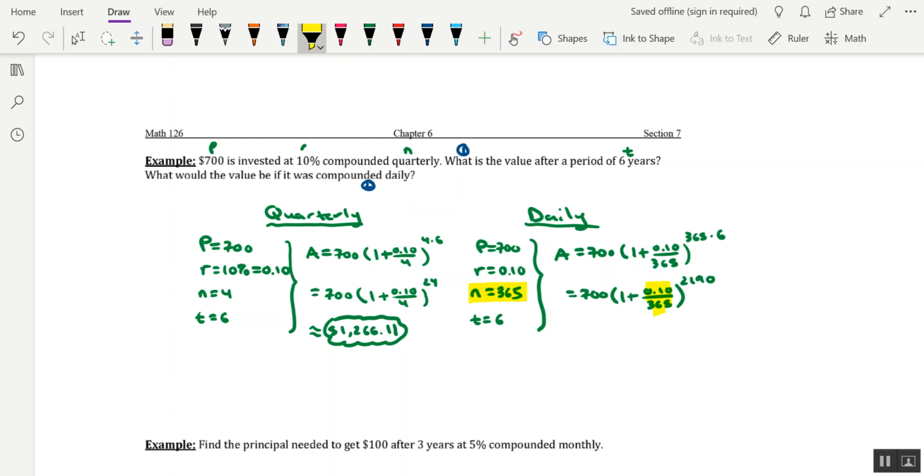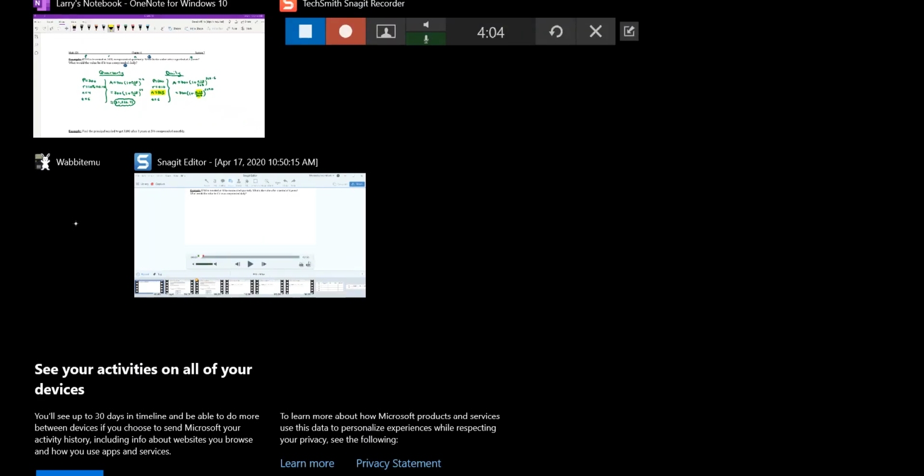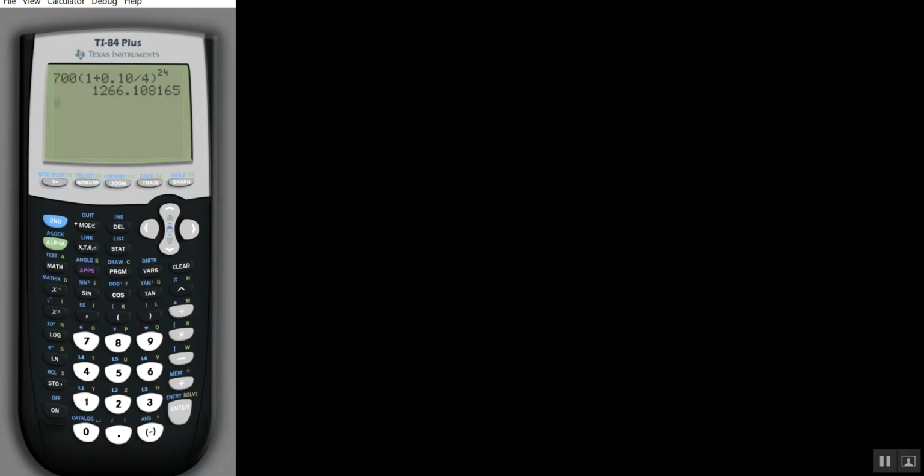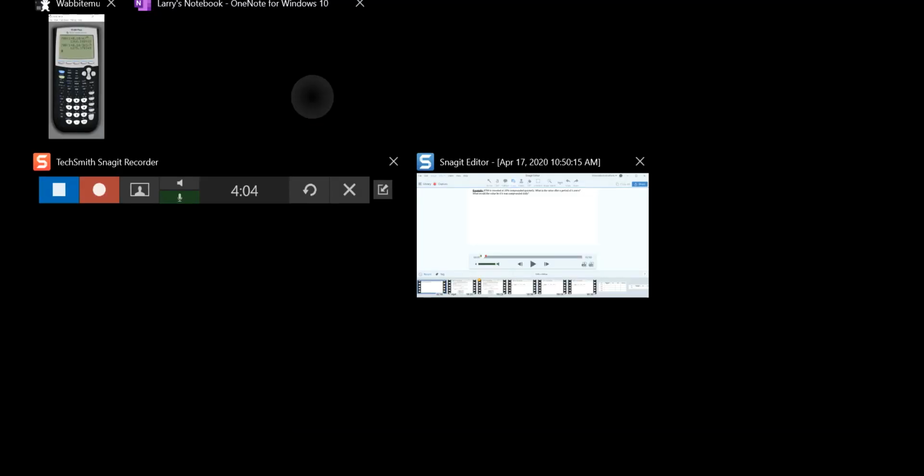Anyhow, going to the calculator, we'll have 700 times 1 plus 0.10 over 365, all that being raised to power 2,190.